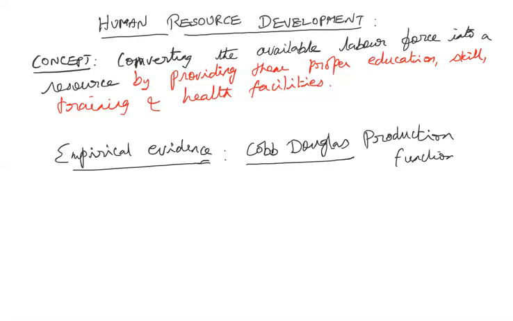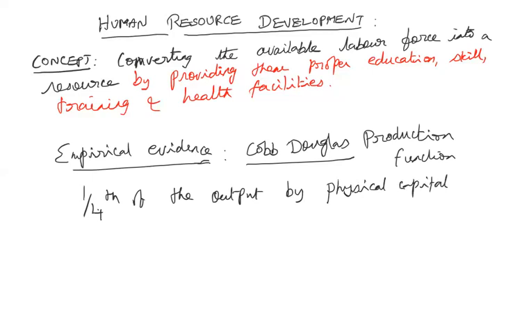Two economists, Cobb and Douglas, conducted an experiment on the American manufacturing industry, and this is what they found out: one-fourth of the output is contributed by physical capital, that is machinery and tools, etc., and the remaining three-fourths of the output by human capital.